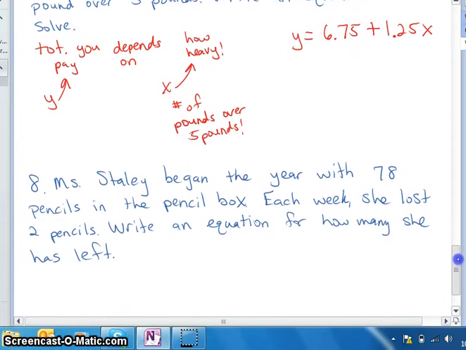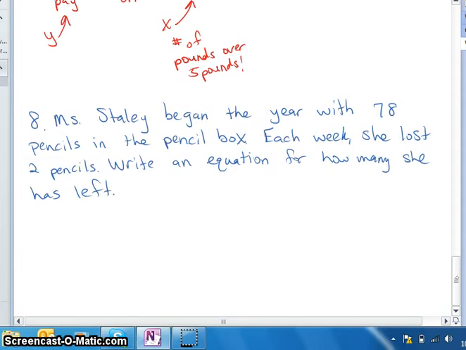Alright, last one. Miss Daly began the year with 78 pencils in the pencil box. Each week she loses 2 pencils. Write an equation. So what depends on what? The number of pencils that I have depends on the number of weeks.